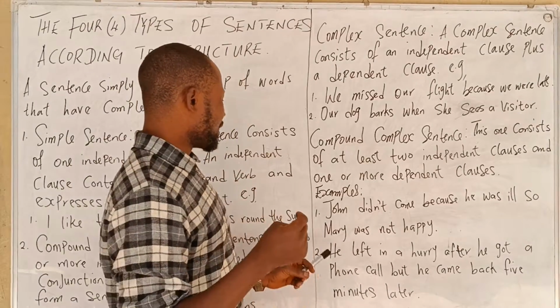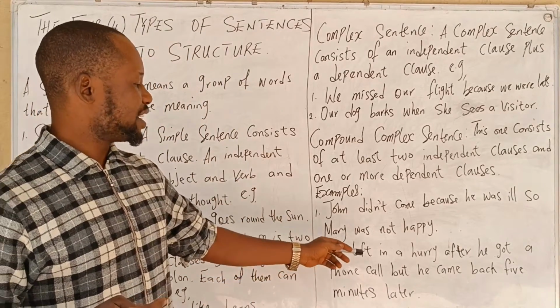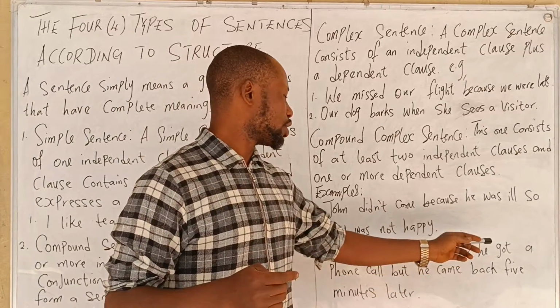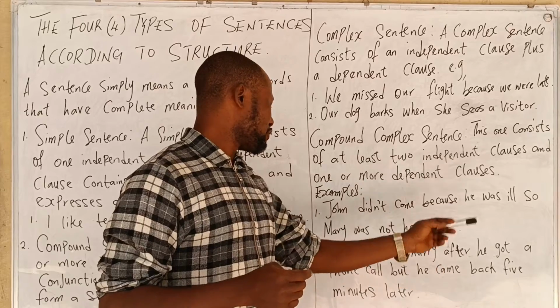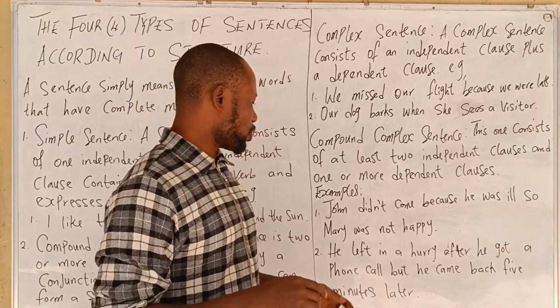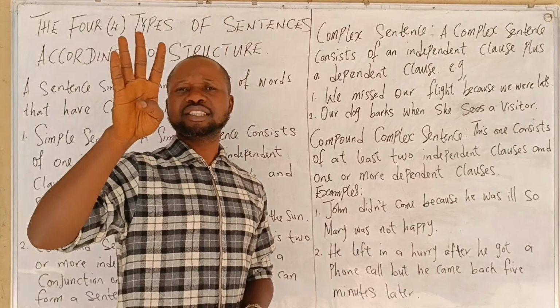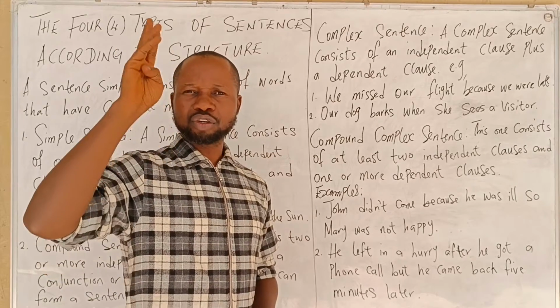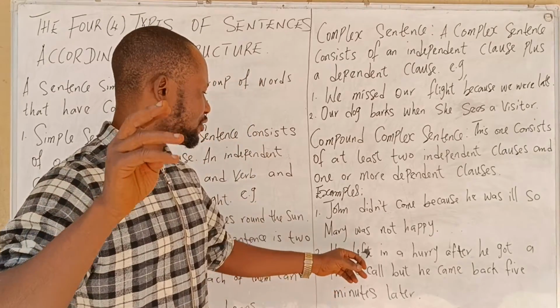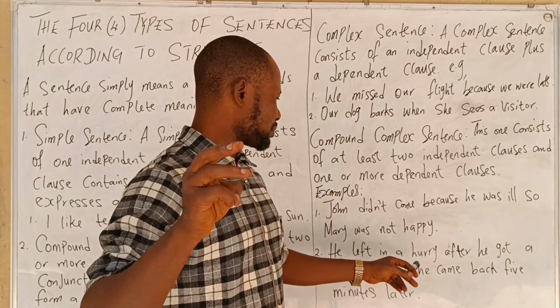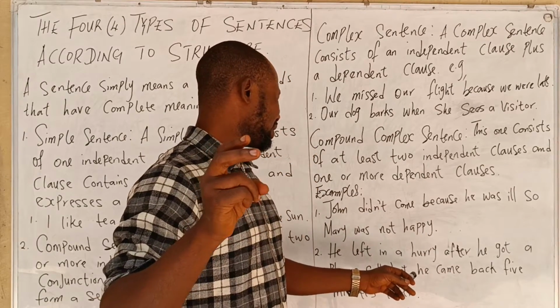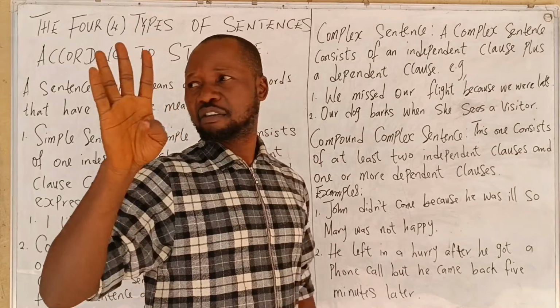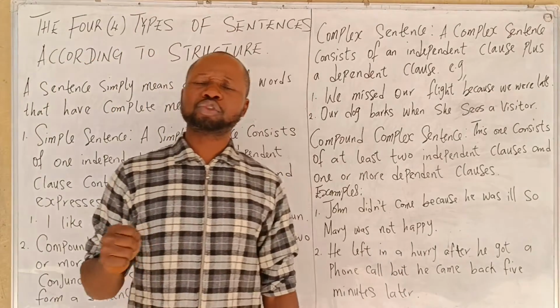Now the last one: he left in a hurry after he got a phone call, but he came back 5 minutes later. So if we want to analyze it to see if we have at least 4 messages: he left in a hurry, 1, after he got a phone call, 2, but he came back, 3, 5 minutes later, 4.